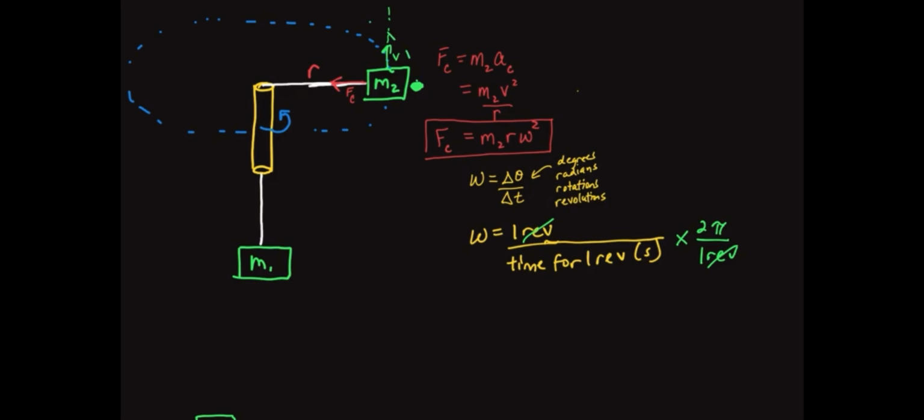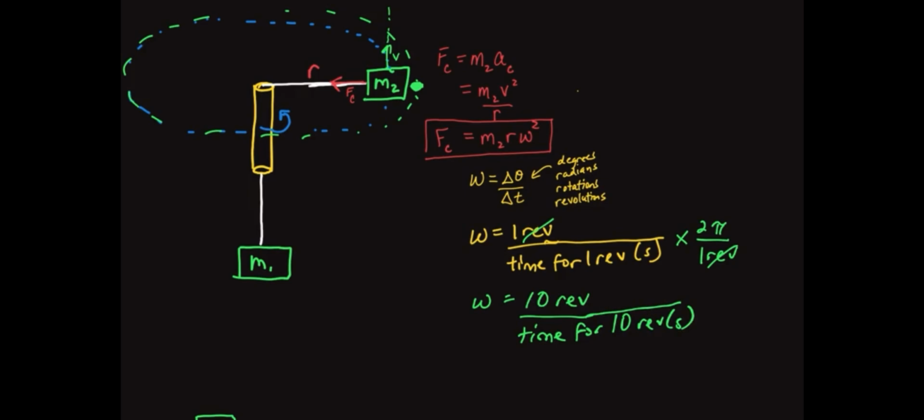And as this goes around, instead of just watching it go through one revolution, you should watch it go through 10 revolutions. After it has gone through 10 complete revolutions, stop the timer and record the time that it took for 10 revolutions, measured in seconds. Then we'll have the angular speed in revolutions per second, but you want to convert it to radians per second.